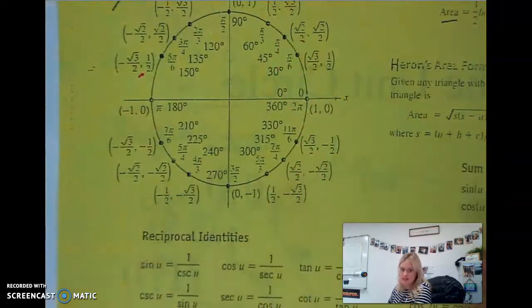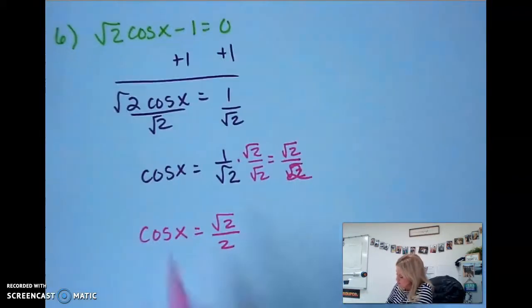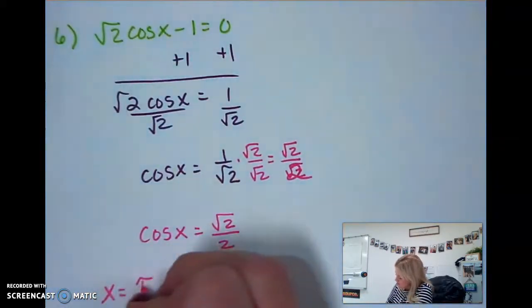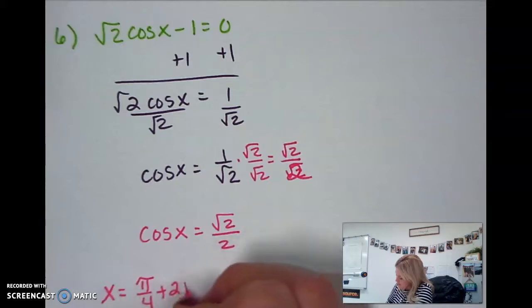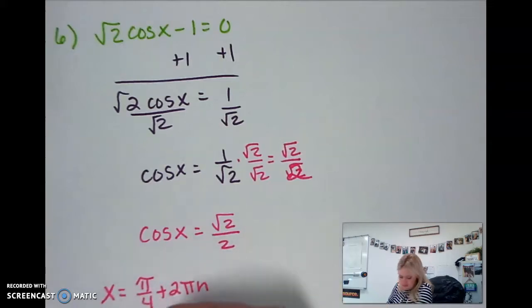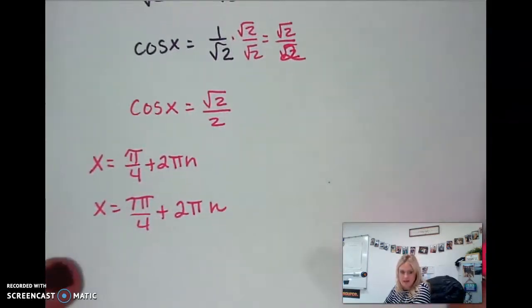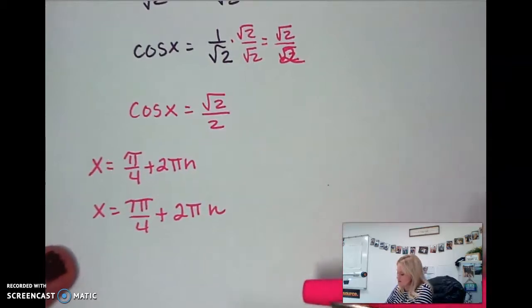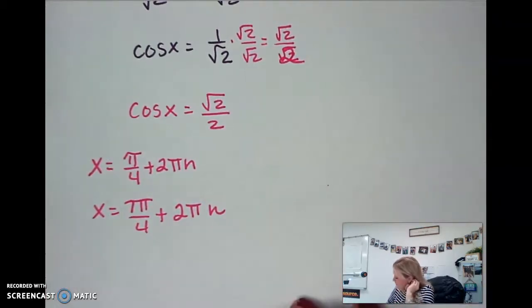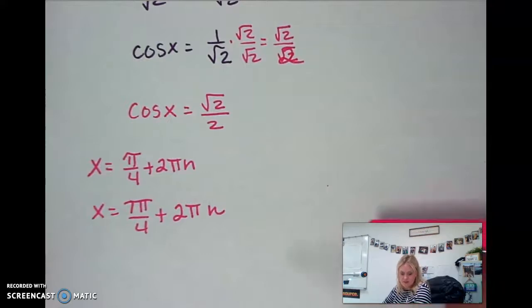They are not diagonal from each other, so x equals pi over 4 and every 2 pi after, and 7 pi over 4 and every 2 pi after. Okay? So again, we're solving algebraically, and then we are finding those spots on the unit circle.